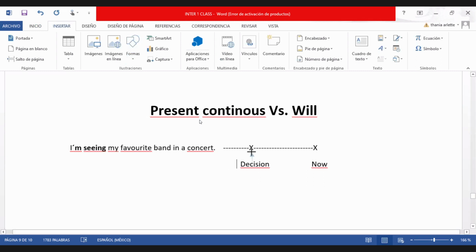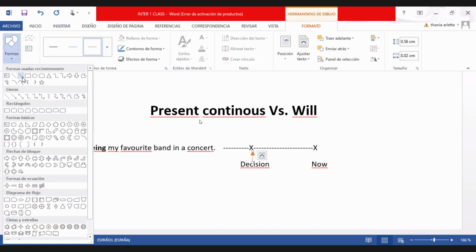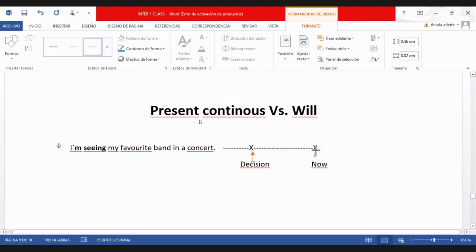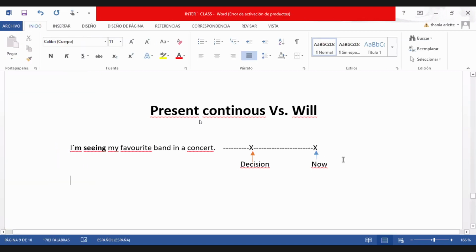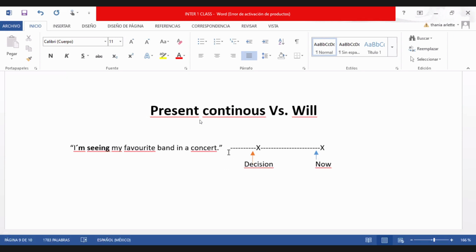The decision in this case was taken before the moment of speaking. This point is now. And now I am saying this: I am seeing my favorite band.